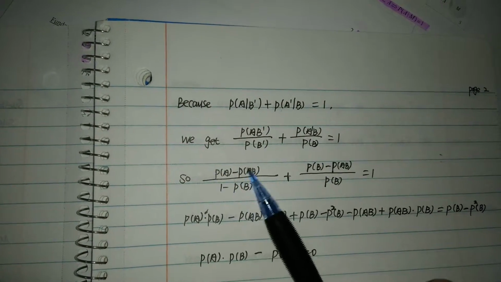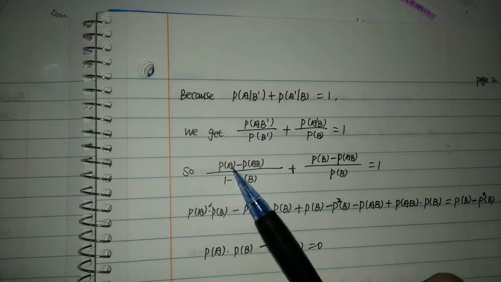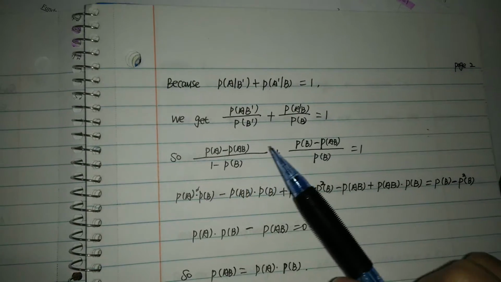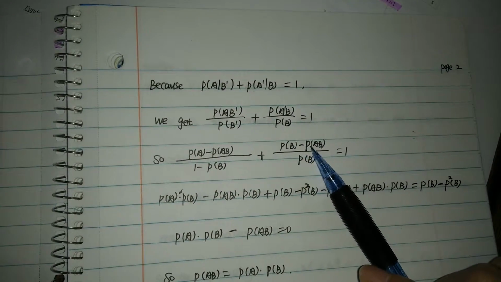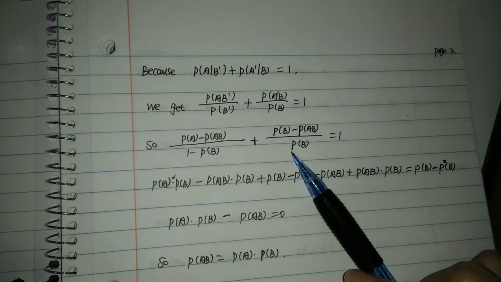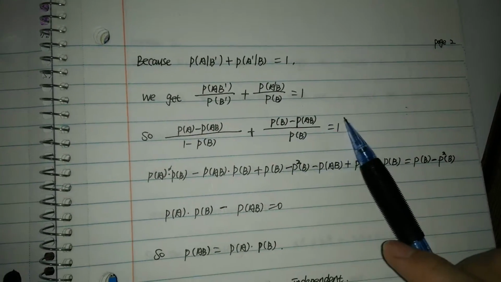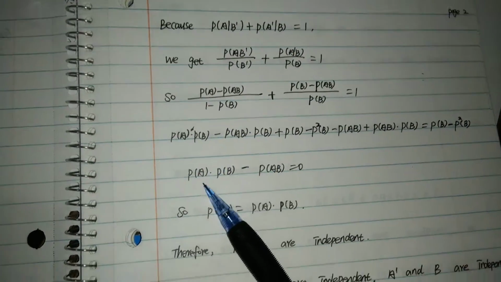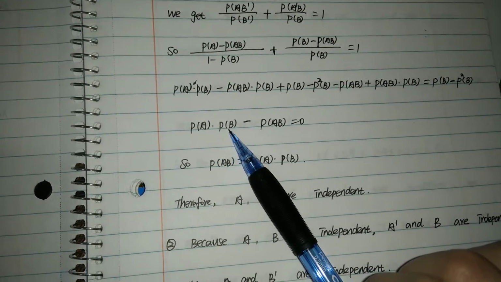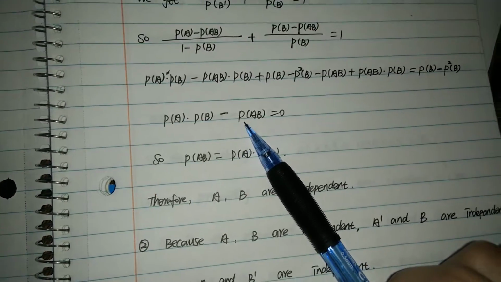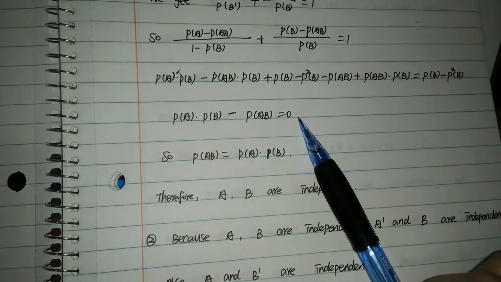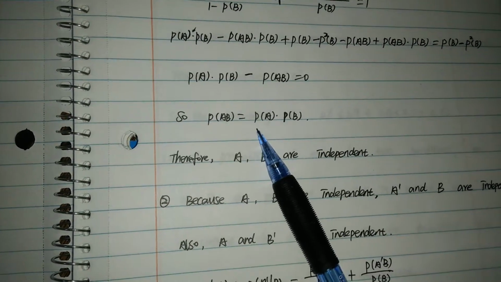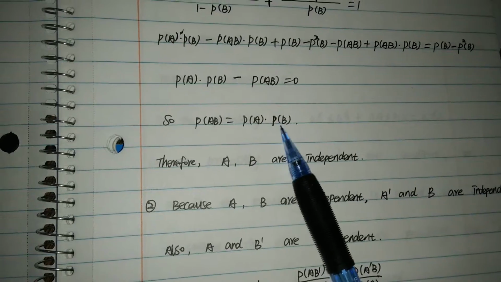We can insert them into this equation and get the probability of A minus probability of A times B over 1 minus probability of B, plus probability of B minus probability of A times B over probability of B, equals 1. We can calculate this equation. Finally, we get probability of A multiplied by probability of B minus probability of A times B equals 0. So we can get this equation: probability of A times B equals probability of A multiplied by probability of B.